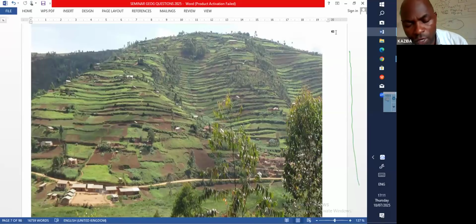Now, before you ask question, you have aerial photographs. When we are interpreting aerial photographs, we don't mention ground.